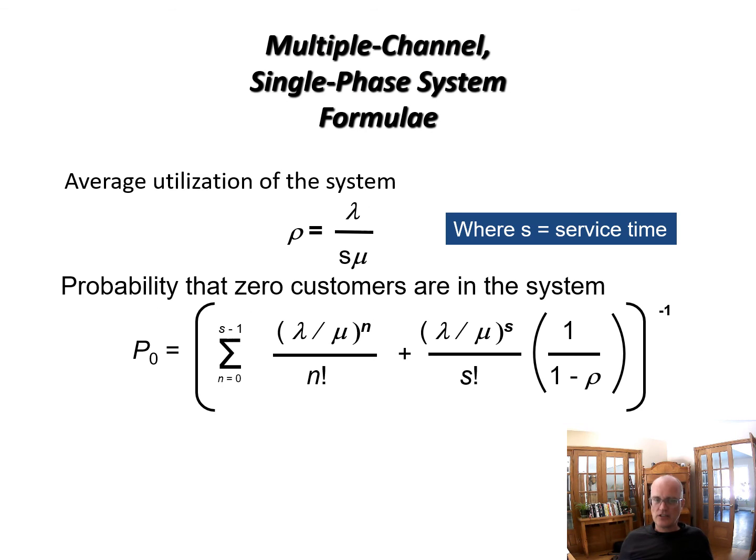The utilization here is approximately the same. It is the arrival rate over S times the individual service rate. So our system service rate is the number of servers, and then the probability of 0 customers is much uglier than it was in the single server case. It's not hard to calculate.